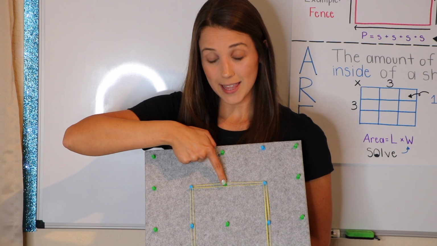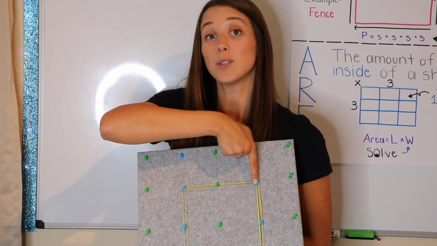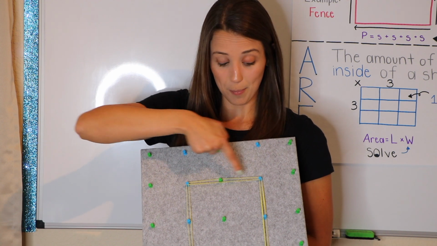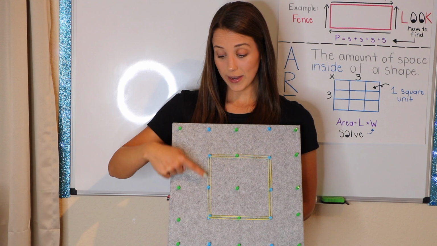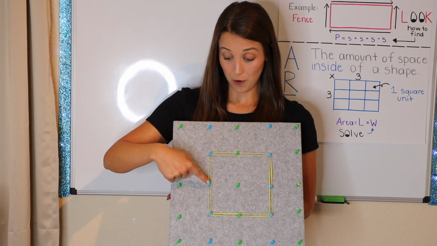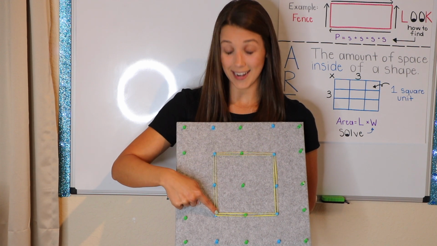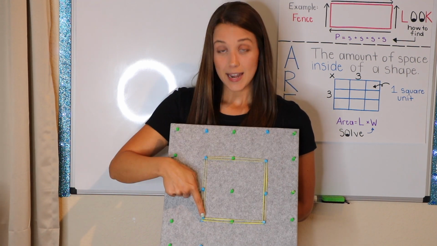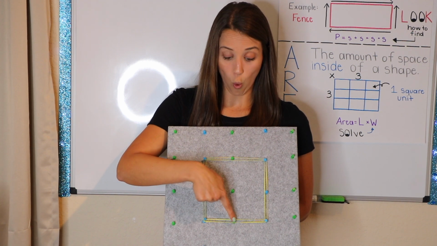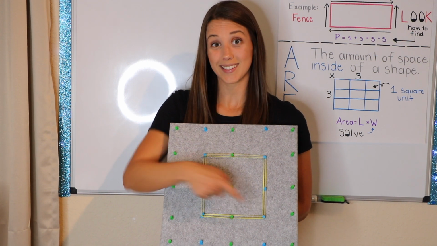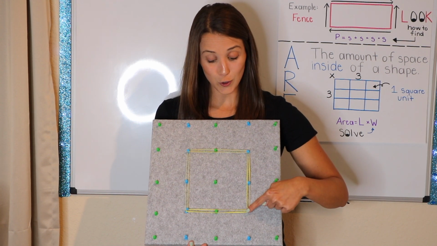From this point to this point is 1 unit, and from this point to this point is 1 unit, so the top of my square is a total of 2 units. From this point to this point is 1 unit, and from this point to this point is another unit, so my side is also 2 units. Now when we're looking at the bottom of my square, it also has 1, 2 units. And when we look at my last side, it also has 2 units.